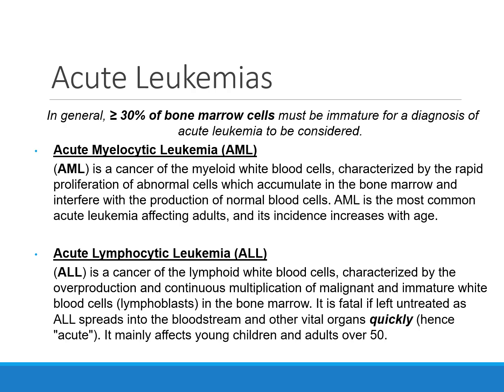This is the primary leukemia that affects children, and it's much, much, much more common in children than you would ever see AML. Although AML can affect children, primarily when a patient has an acute leukemia and they're a child, I would say statistically speaking, it would be an ALL.